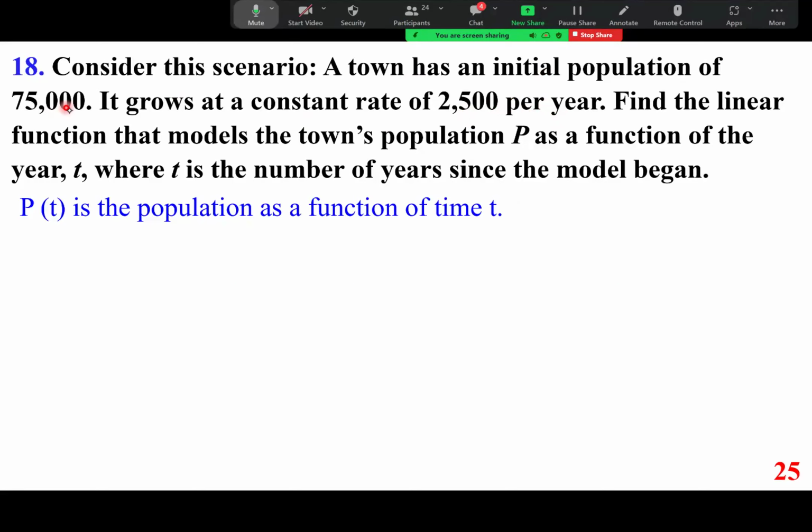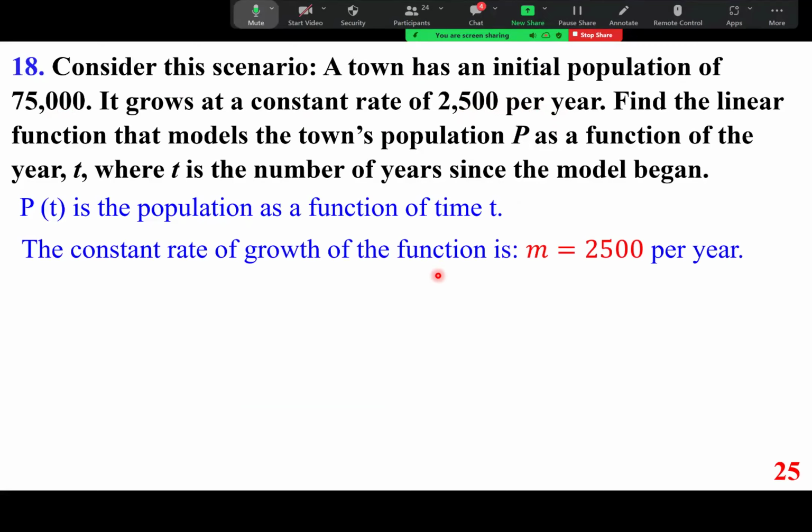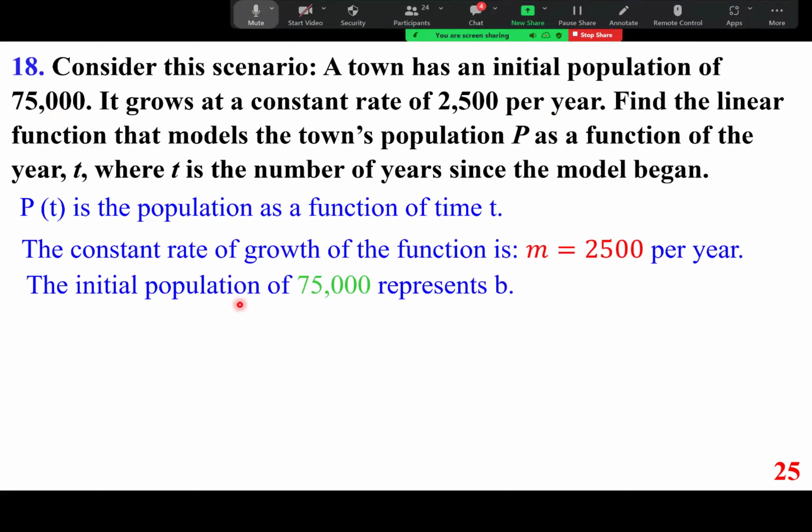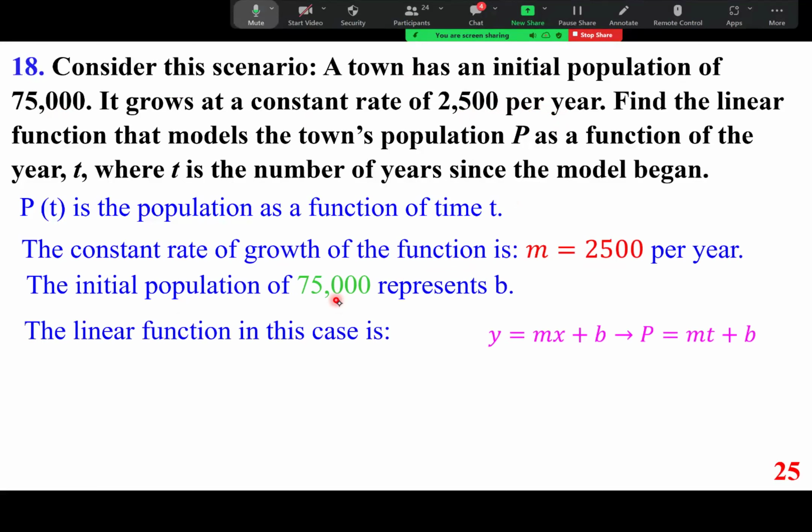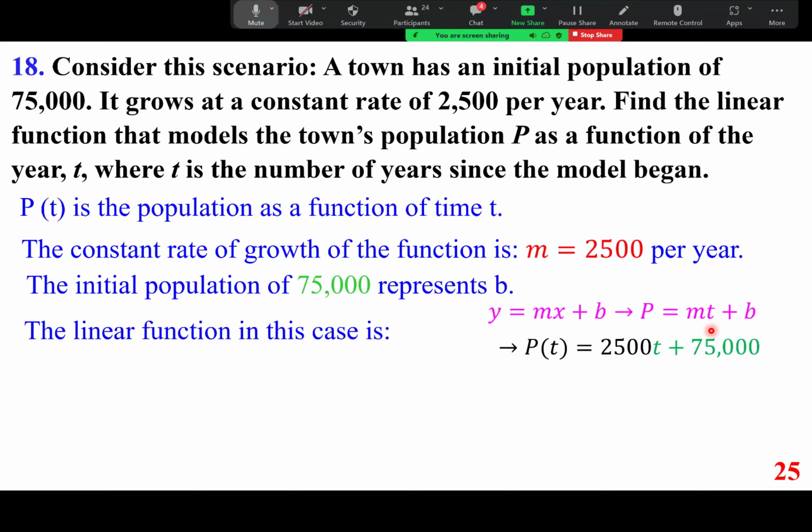But just to elaborate on that, the constant rate of growth, M, is 2,500 per year. The initial is 75,000, which represents B. The linear function in this case, y equals mx plus b, becomes p equals mt plus b. 2,500 t plus 75,000.